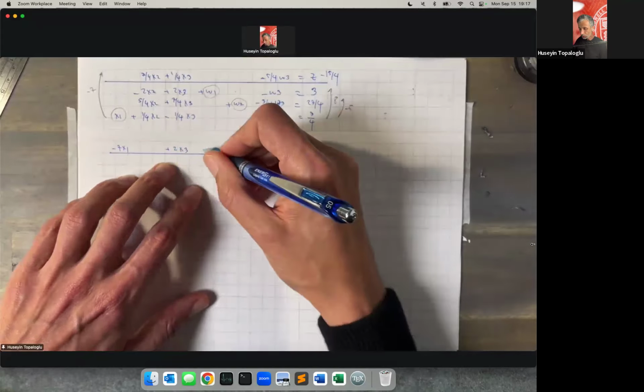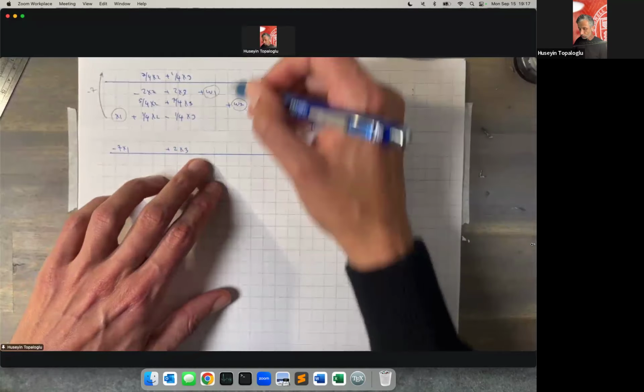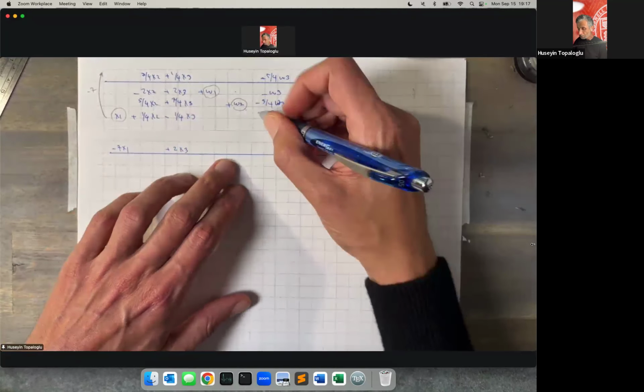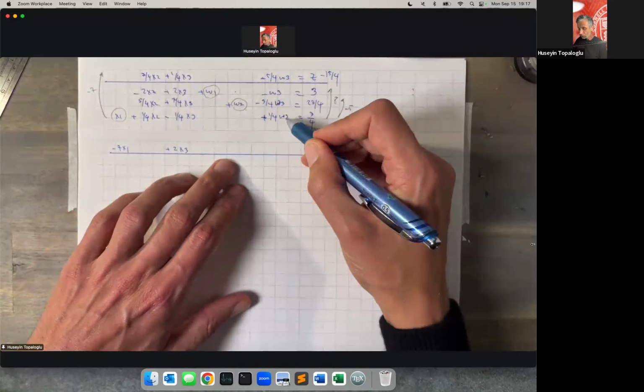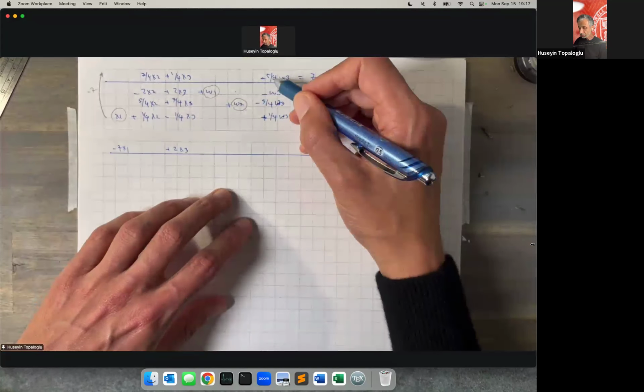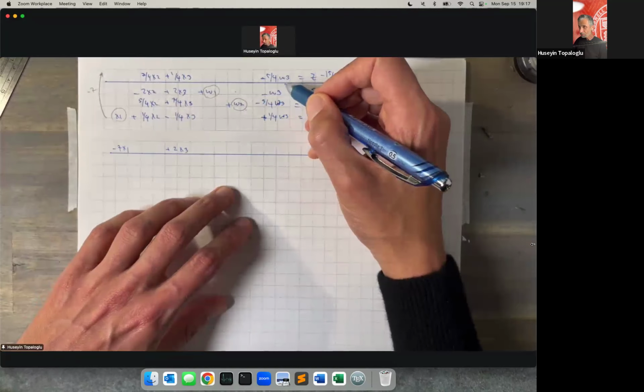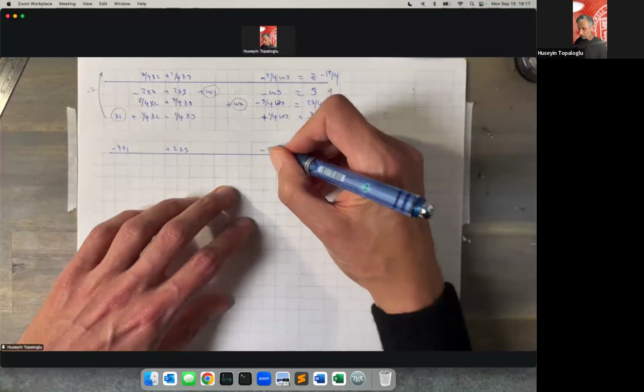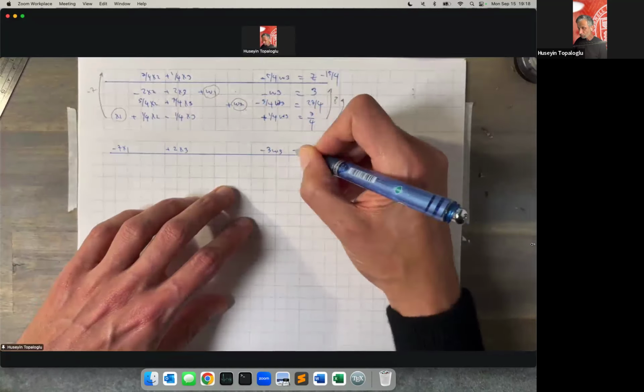No w1 here. No w2 here. 1 over 4 w3 times -7, -7 over 4 w3. Another -5 over 4 w3. So that's -12 over 4 w3. That is a -3 w3.